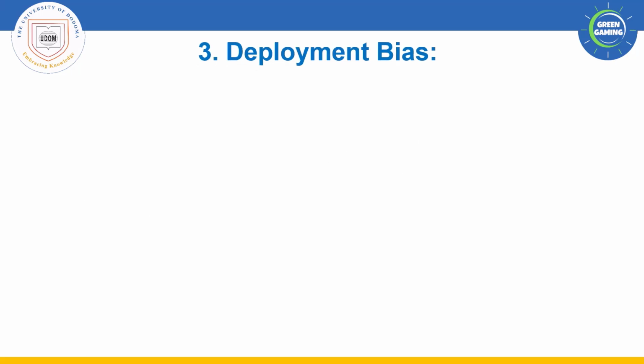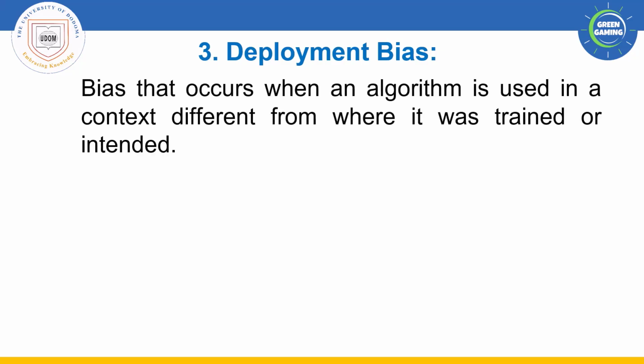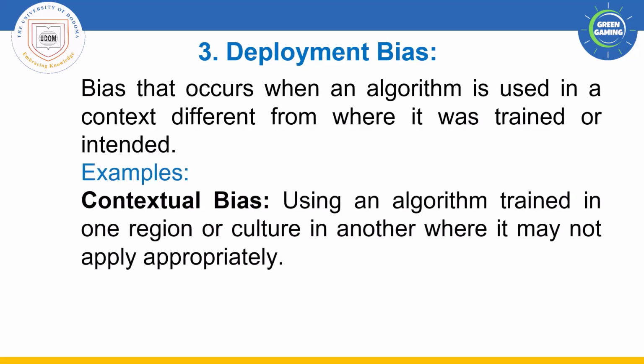Another source of bias is deployment bias. This occurs when an algorithm is applied in a different context than where it was initially trained or initially intended. Examples are contextual bias: using an algorithm trained in one region or culture in another where it might not apply appropriately.